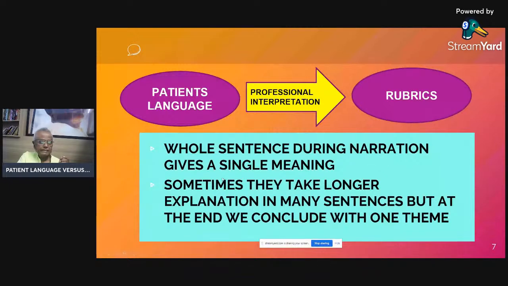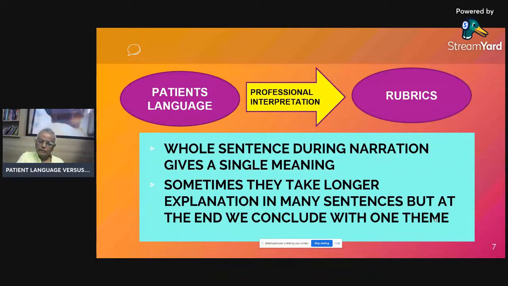Whole sentences during the narration lead to a single meaning. So the one sentence you are reducing to one word, and that word is the rubric. Sometimes they take longer explanations in many sentences, but at the end we conclude with one theme. The patient will be explaining to you in detail.